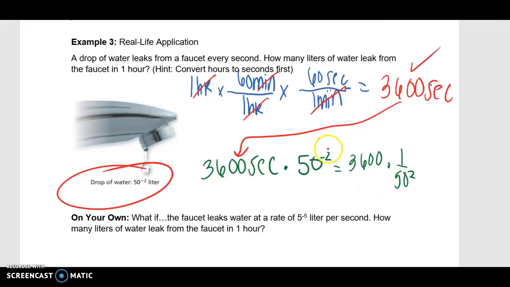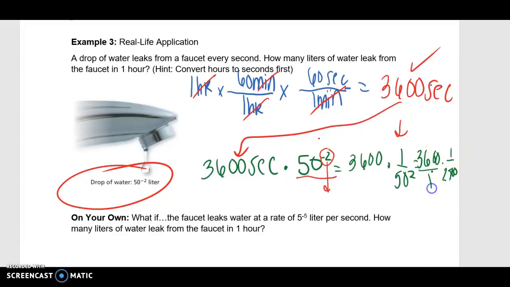I'm going to bring this negative 2 below the fraction bar line, so that's what I did right here. And then I'm going to simplify. I know 50 squared is 2,500, so I'm left with 3,600 times 1 over 2,500. And then I'm going to multiply across.